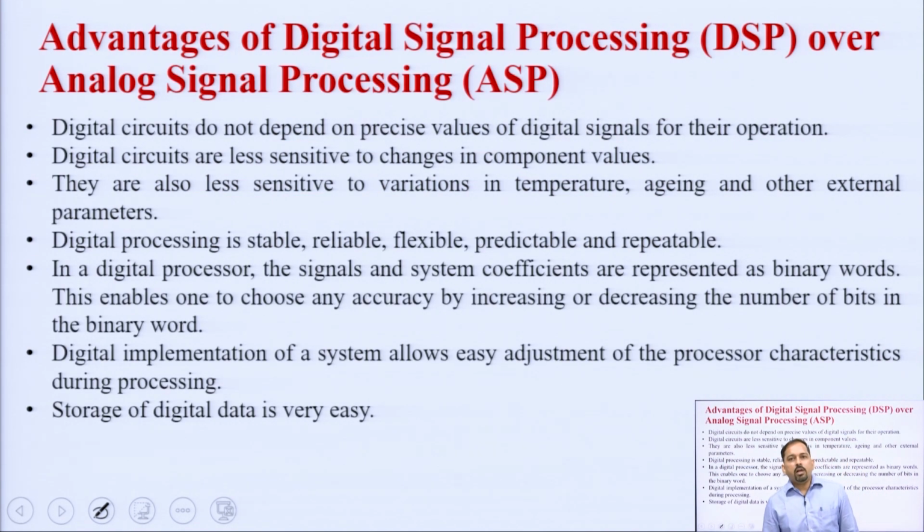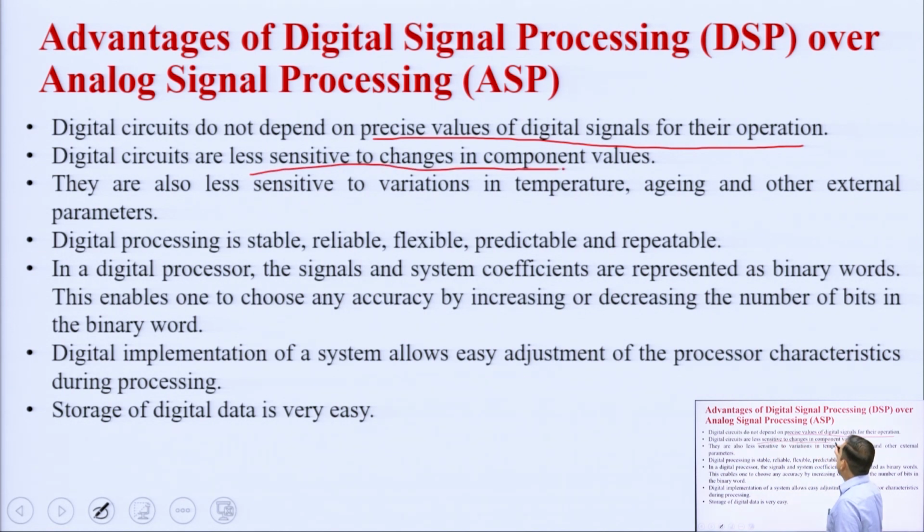Now we have the advantages. What are the advantages of the digital signal processing, DSP, over the analog signal processing, ASP? So the digital circuits do not depend upon the precise value of digital signals for their operation. Digital circuits are less sensitive to the change in the component values, although in the ASP when we have the capacitors, inductors, resistors, they are very sensitive to the variation.